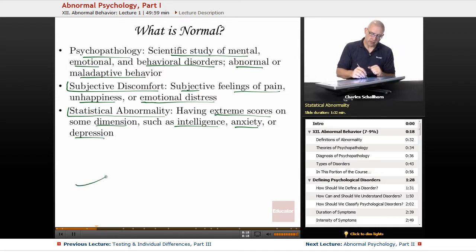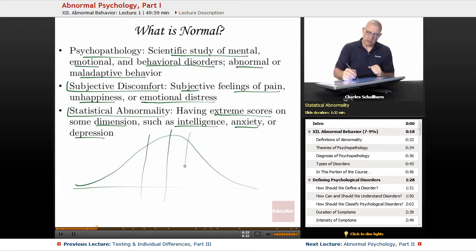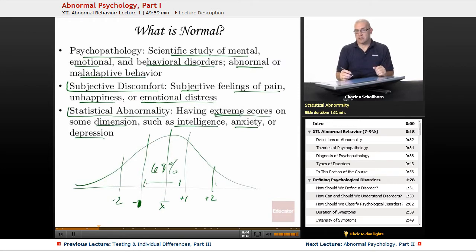And so statistical. Yes, you've been seeing this a lot lately. You've got the mean, median, and mode. You've got one standard deviation, and you've got 68% in here. Plus 1, you've got your mean, minus 1, minus 2, and plus 2, you might start getting into the extremes of these particular ideas.